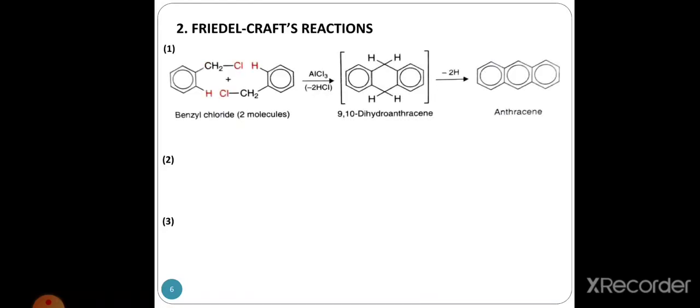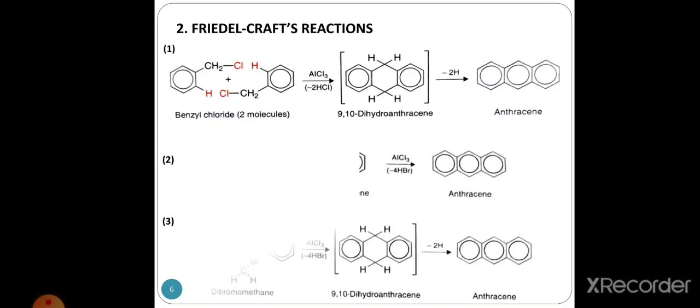First one, benzyl chloride reacts with itself, that is 2 moles of benzyl chloride undergo reaction with each other in the presence of aluminium trichloride to form 9,10 dihydroanthracene, which readily loses 2 hydrogen atoms to yield anthracene.